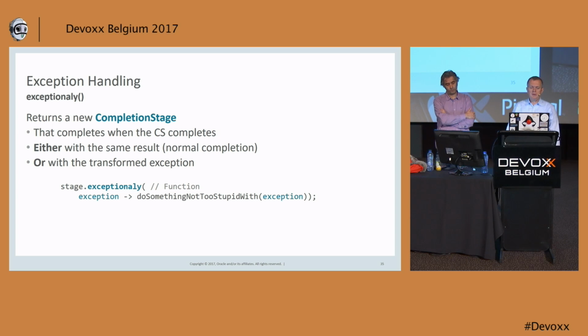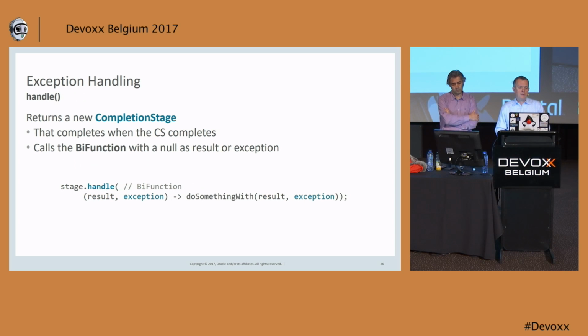Nothing will be done in it. Or, if there is an exception, the exceptionally method will be called, getting that exception, and then we can do something with this exception. We can log it. We can decide that this exception is not too bad, and then just swallow it and continue the processing normally. Or we can rethrow it because we think that all the process should stop. This is the first and, I would say, most basic method that we can call to handle exceptions.